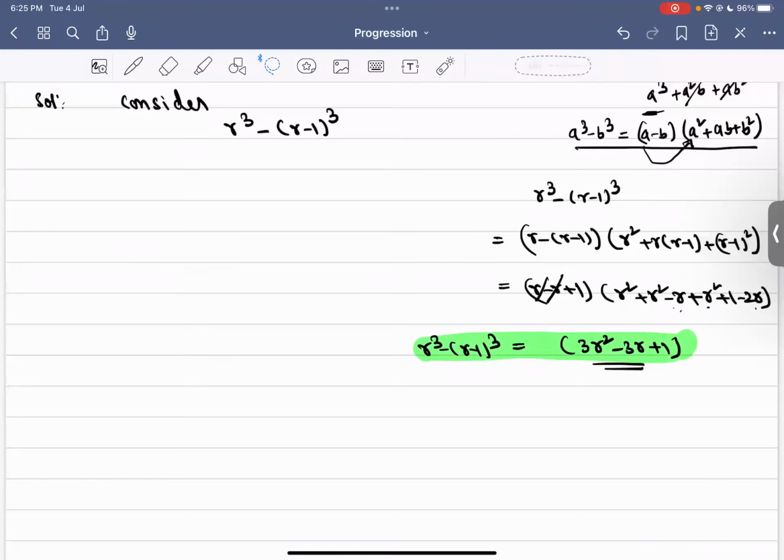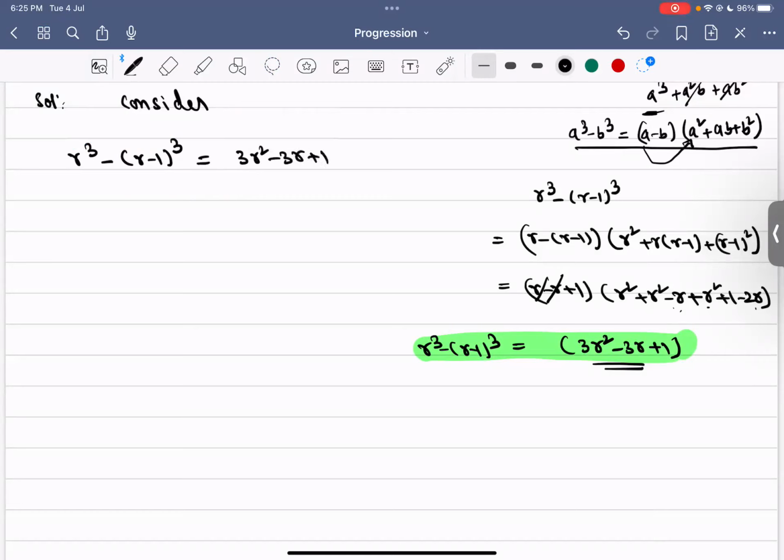Now this is equal to 3r square minus 3r plus 1. Give this number 1.